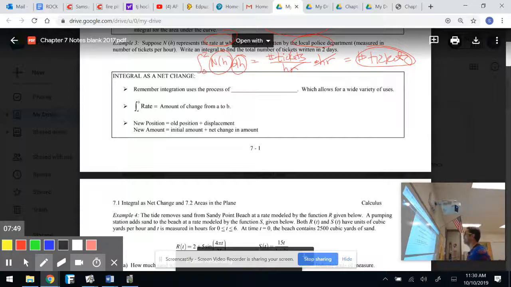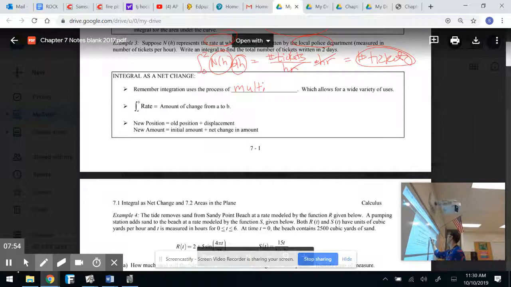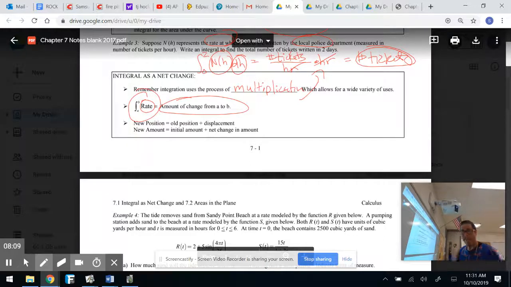Okay, remember, integration uses a process of multiplication. Just like there, and it gives me a total amount. That's what we always want to remember. So if I take the integral from a to b of some rate, it gives me the amount of change from a to b. Total would be if we did the absolute value. I almost used that word, right, class?